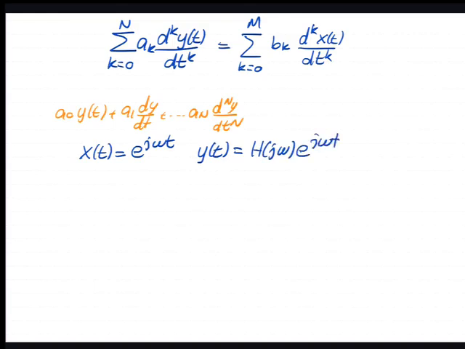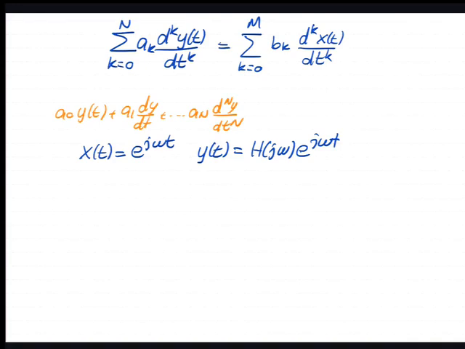I said substitute those in the differential equation, and you're going to get a bunch of expressions, but there will be an h of j omega hiding in there, and you can find out what that is.